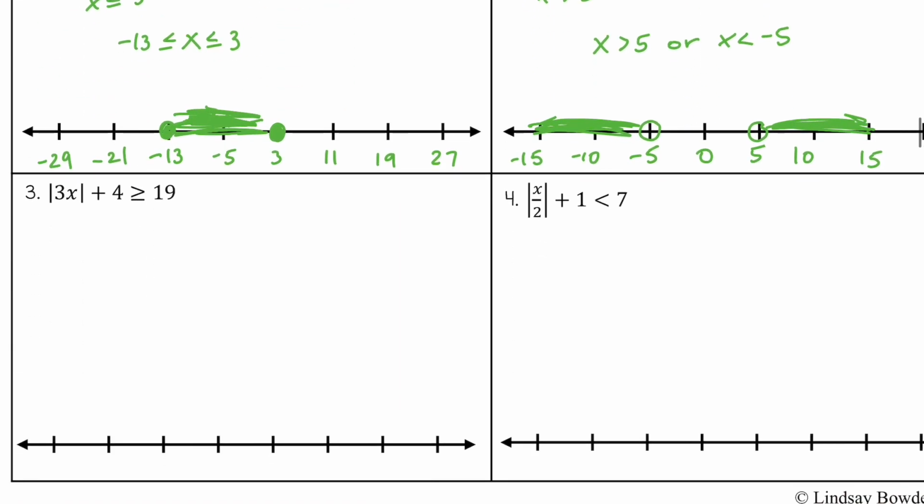All right, the next one. Step 1 is to isolate the absolute value expression. We do need to do that here. We need to subtract 4 from both sides. And then we can write the inequality twice. Divide by 3.